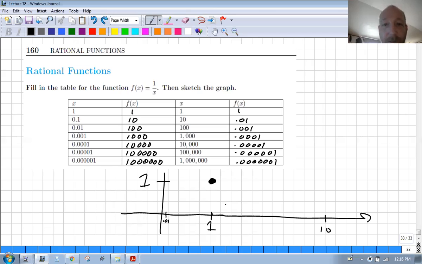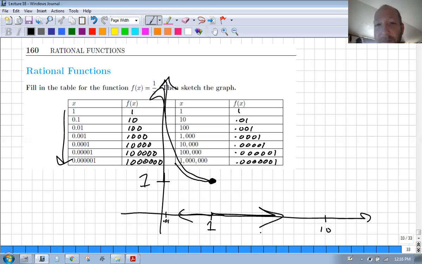Okay. As we move this way towards 0, our function gets bigger and bigger. So as we go this way, this guy is going to go up towards infinity. Now, as we move to the right, we get x's that are bigger. This thing gets smaller and smaller.